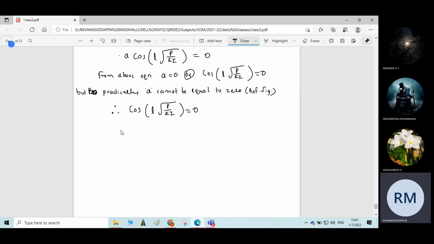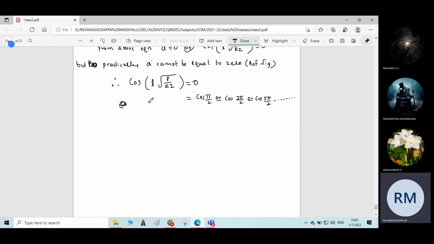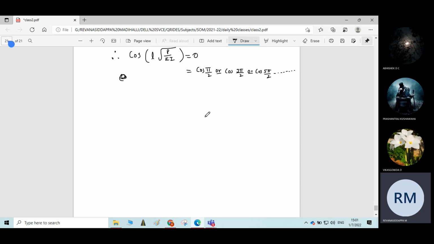Now if cos L root P by EI has to become 0, what should be the value of L root P by EI? It may be pi by 2, that is cos 90, or cos 270, that is 3 pi by 2, or cos 5 pi by 2, and so on. If you assume L root P by EI as theta, then the theta value should be either pi by 2 or 3 pi by 2 or 5 pi by 2.